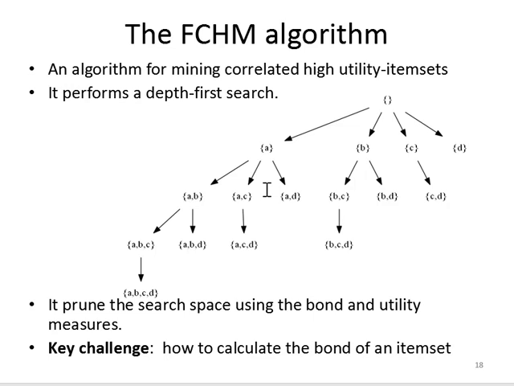The upper bound on the utility is not something new in this paper. We extend the FHM algorithm we had designed in previous work, so I will not explain this part. Now the main challenge is how to calculate the bound of an itemset. This is the novelty in this paper.